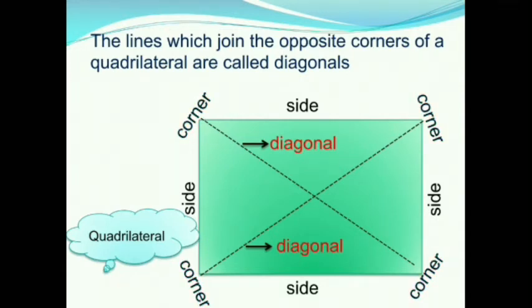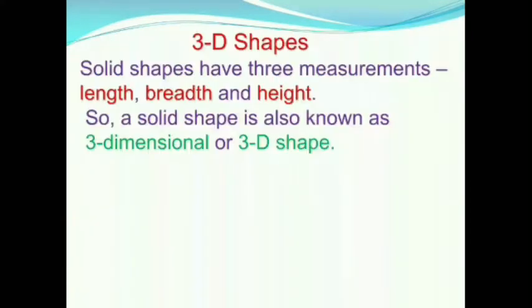These dotted lines are diagonals. In a rectangle, also diagonals are equal. Till now, we learnt about plane figures which can be drawn on a plane surface or a paper.